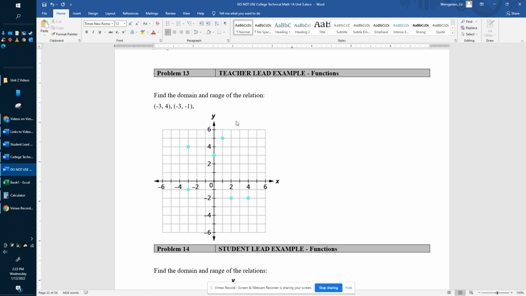The next point is on the y-axis, so x must equal 0, and y is 3. Next point over, x is 1, y is 5. x is 2, y is -2. x is 4, y is -2.